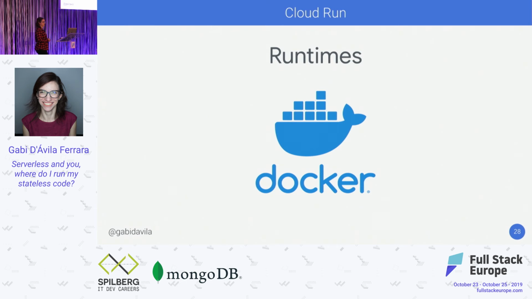Runtimes: anything that you can put on a Docker container, you can put on Cloud Run. You could create functions, which we don't support on PHP, for instance, running on Cloud Run. You could have a binary that converts, let's say, docs to PDFs running there and create a service for that.